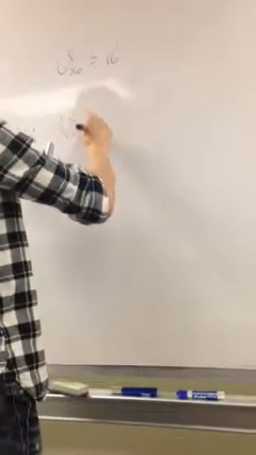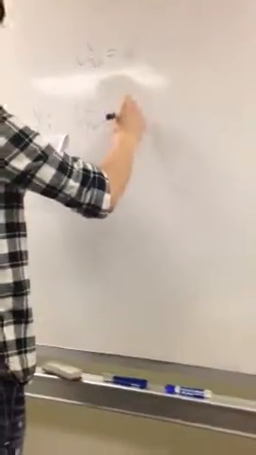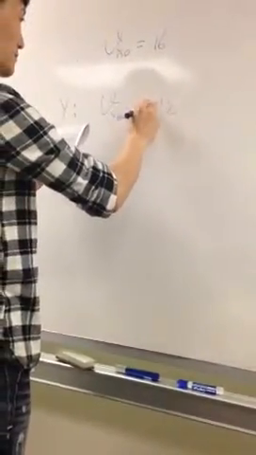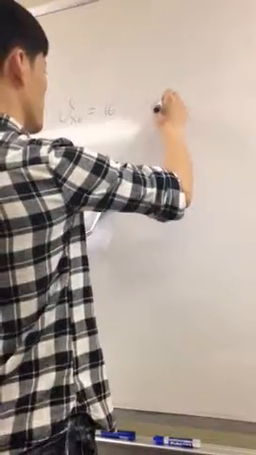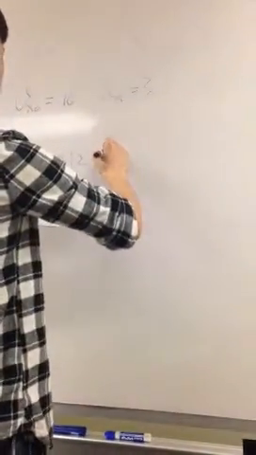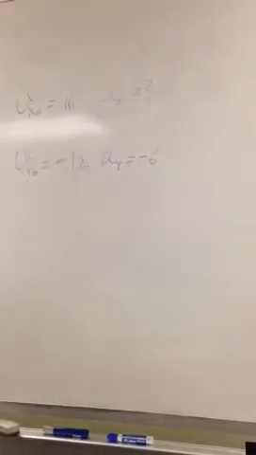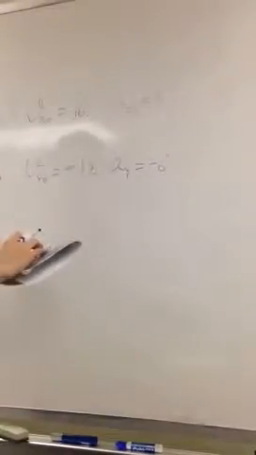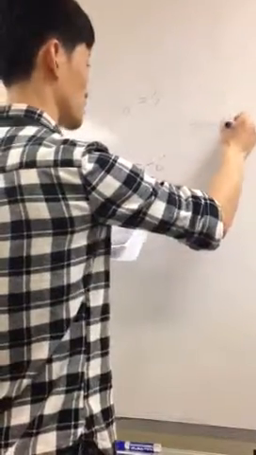The initial velocity along the y-axis is -12. And the acceleration is also given to you. On x, 3. On y, -6. It's asking you what the speed is at time equal to 2 seconds.